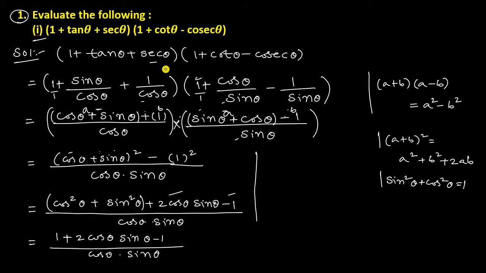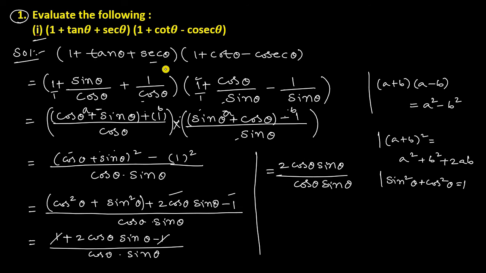I am writing here the next step, that equals to, here you have plus 1 and minus 1 both getting cancelled. So what is remaining now? 2 cos theta sin theta in the numerator, and in denominator we have cos theta into sin theta.